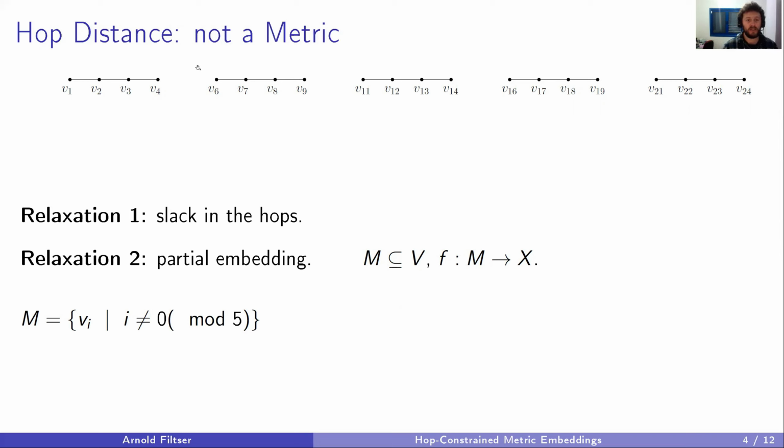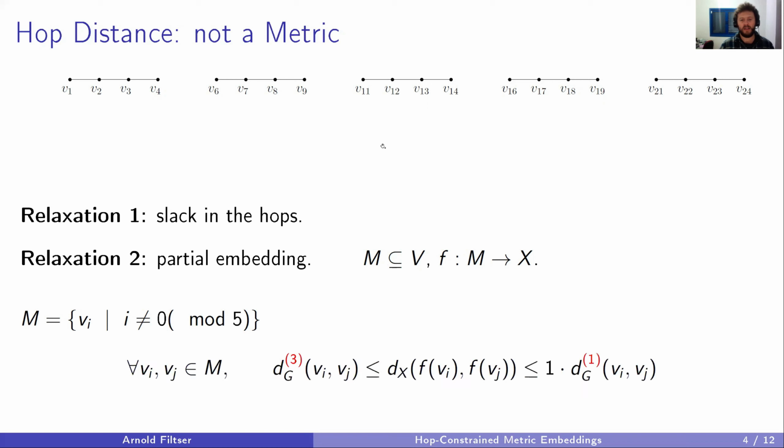So in a sense, we just deleted all the vertices Vi such that i equals 0 modulo 5. And now the embedding is simply the identity. So we get some forest here. And now we argue that it has 1 distortion and hop distortion tree. We embed, of course, with respect to one-hop distances.